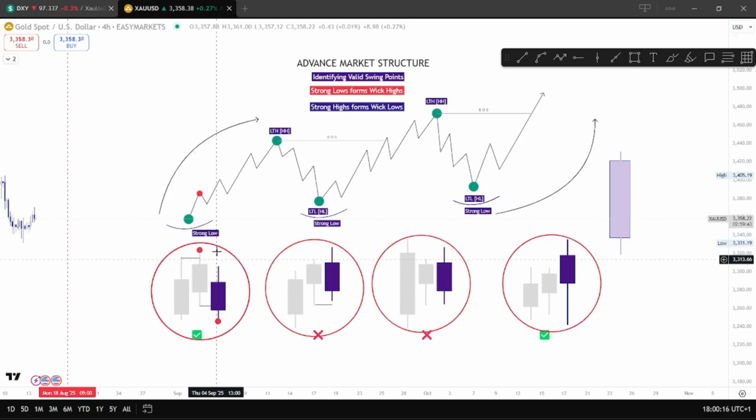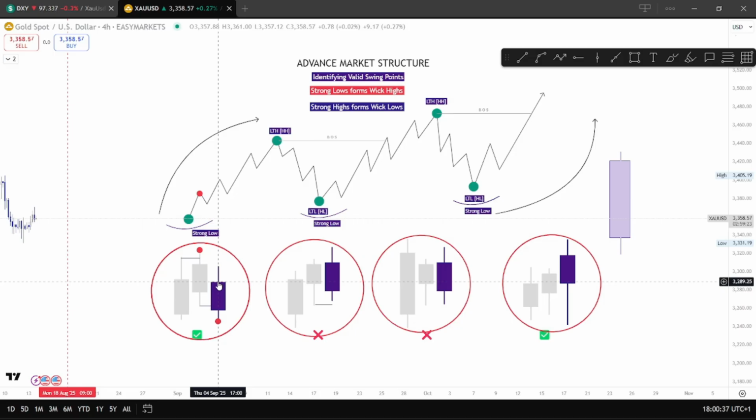So this is a three candle formation, and the rule says the middle candle should be higher than the candle on the left and the candle on the right. And then the third candle must be lower than the candle on the right. That alone will give you a valid pullback.